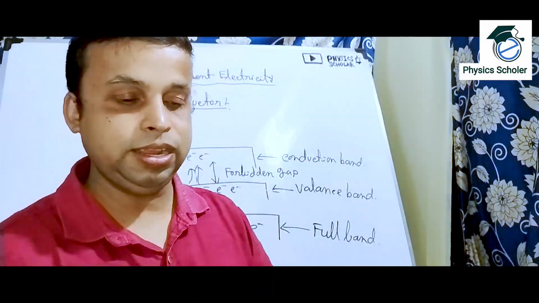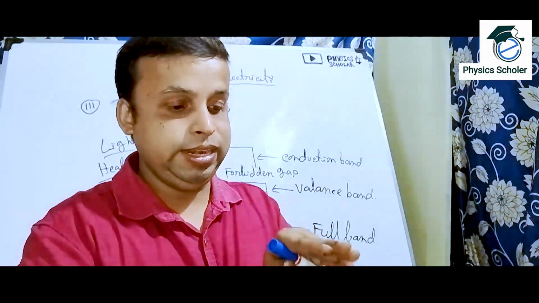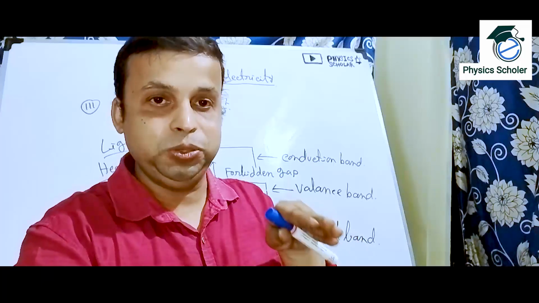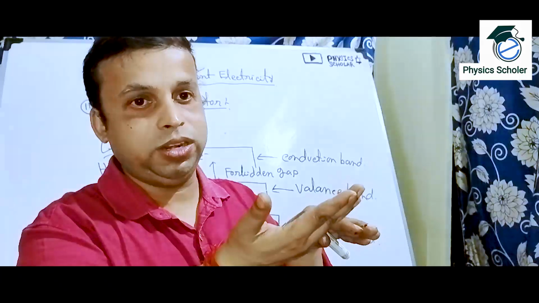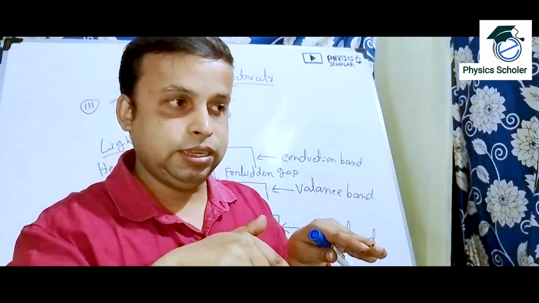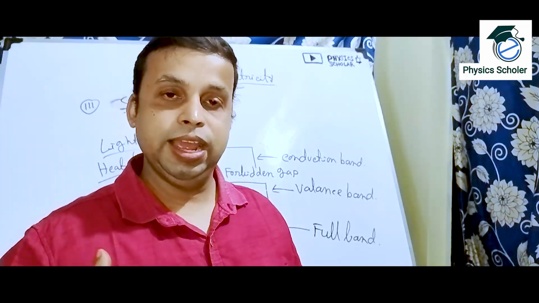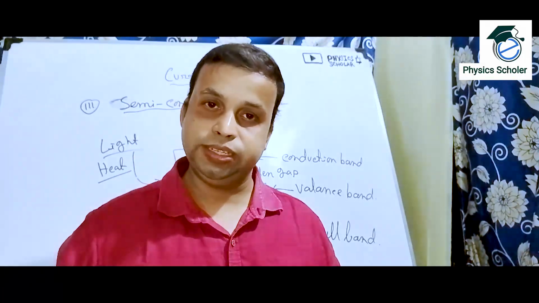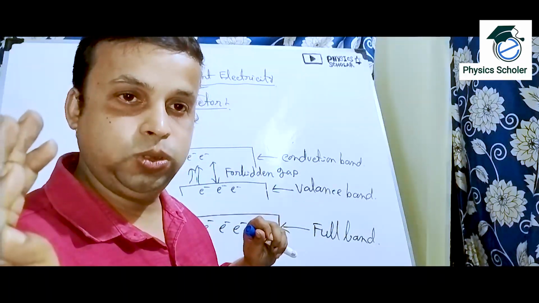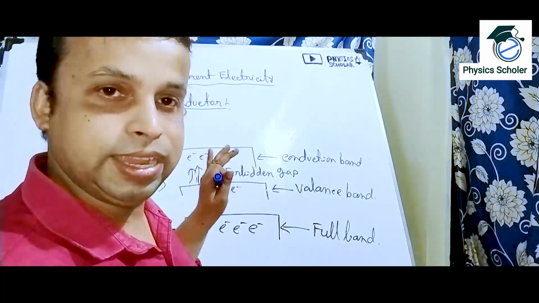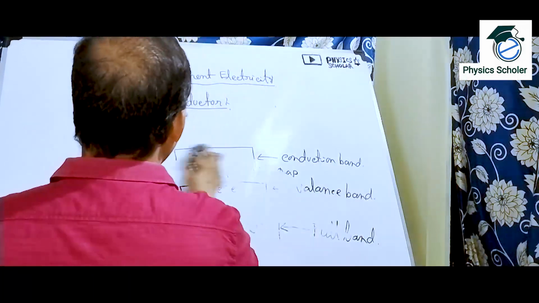In normal condition, no electrons will be in the conduction band, but by applying some energy from outside, a small amount of electrons can be shifted to the conduction band and carry the current. So these are the three types of materials: conductor, insulator, and semiconductor, and why they can carry current I have discussed.